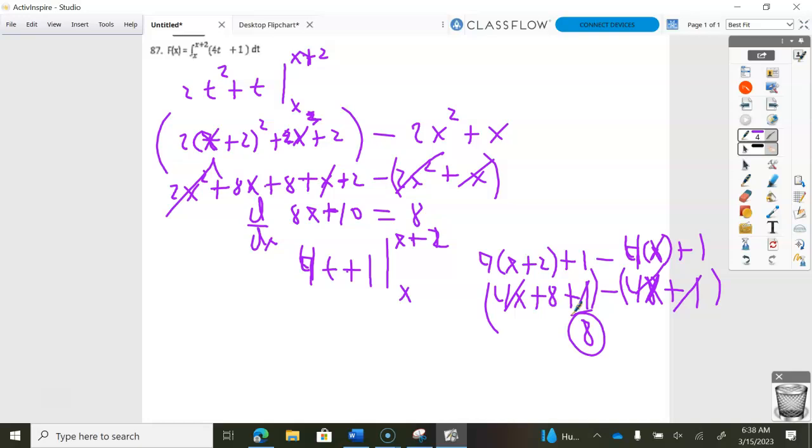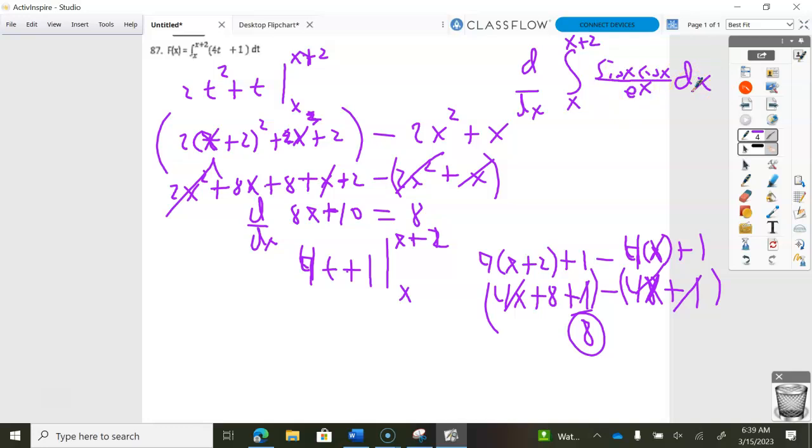So if you don't have to use the second fundamental theorem for this one, remember, "have to" is described as there might be a function you can't take the integral of. They could totally say, oh, find the derivative of the integral from x to x plus 2 of sine x cosine x over e to the x dx. And you're like, what?